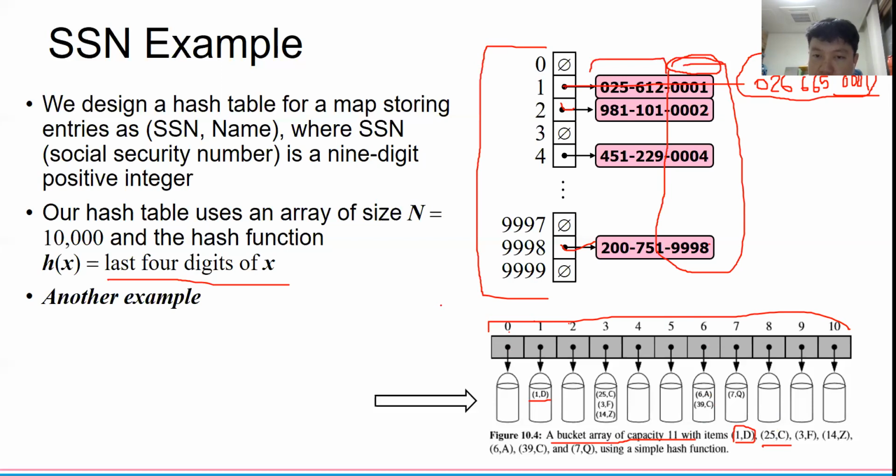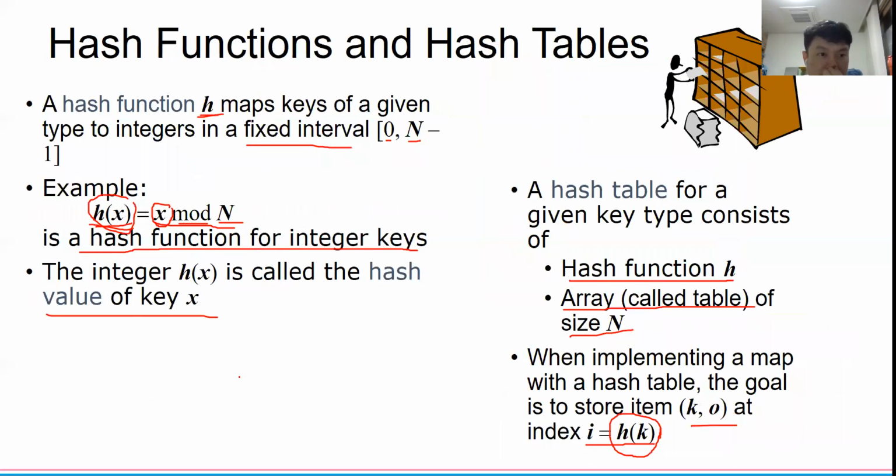Because we have only 11 slots, what we can do is 25 mod 11. What is 25 mod 11? It will be 3, so I put it into 3. Do you know why 25 mod 11? This is one example of integer keys.